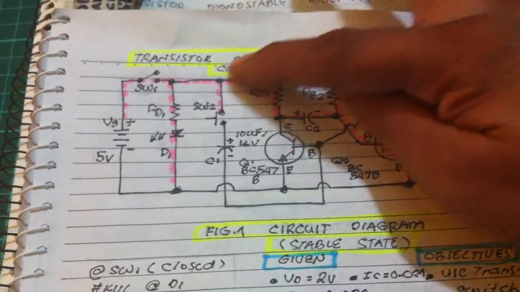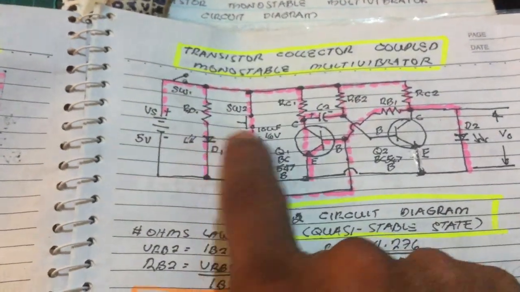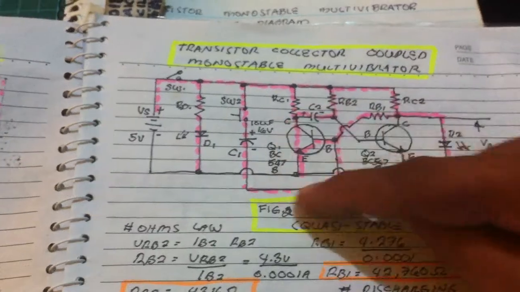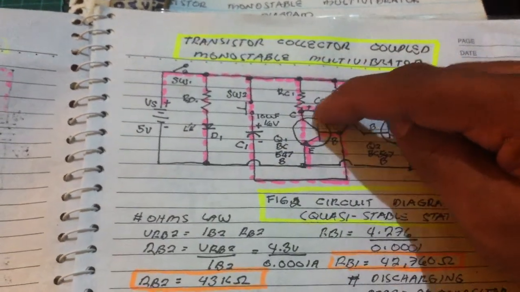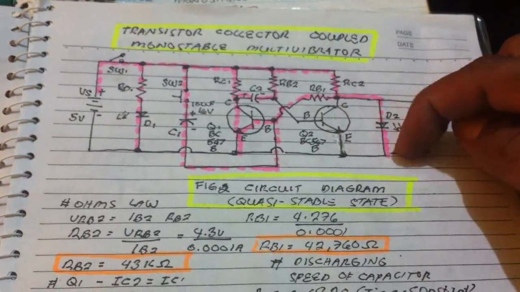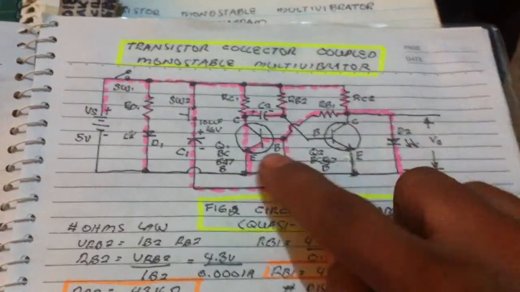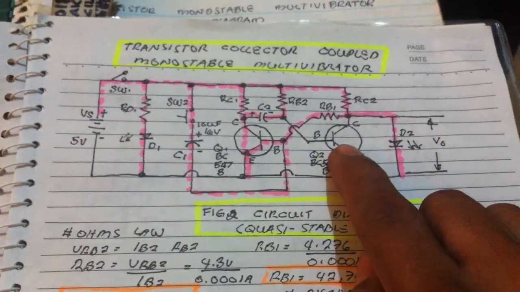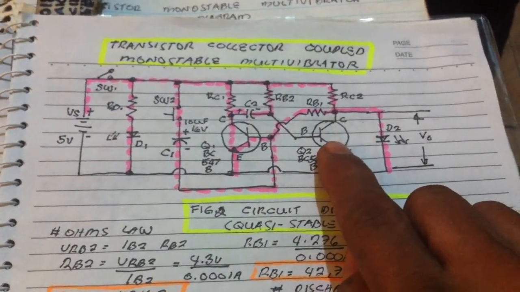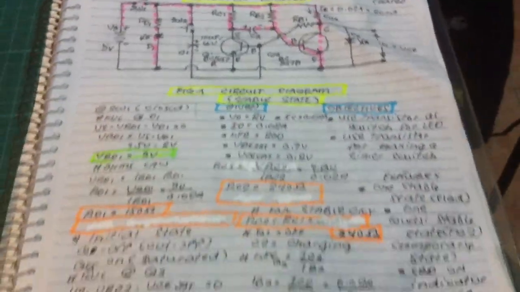When the capacitor is again charging, the LED turns on. When the triggering pulse is applied here, the capacitor is discharging. So this is the discharge spot, and this one is lighting up slowly, because once this is fully discharged, it will go back to the original state. So that is the operation of the Monostable Multivibrator.